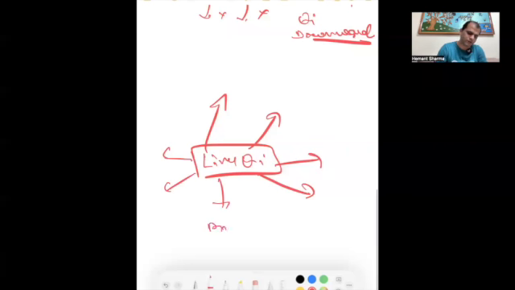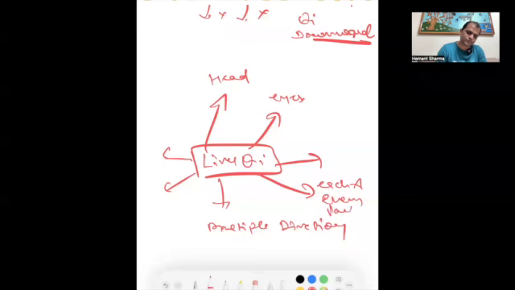It sends the chi to the head, to the eyes, and to each and every part. This is called the normal direction of the liver.